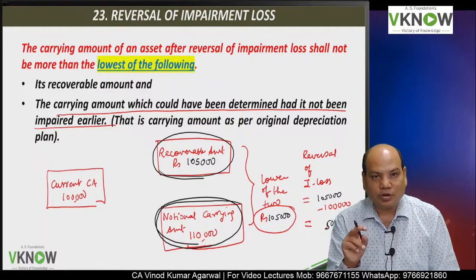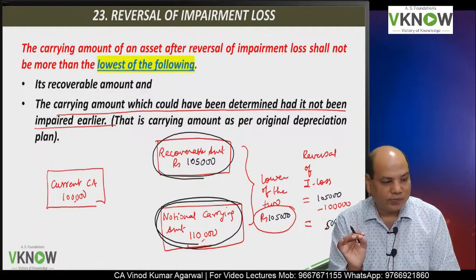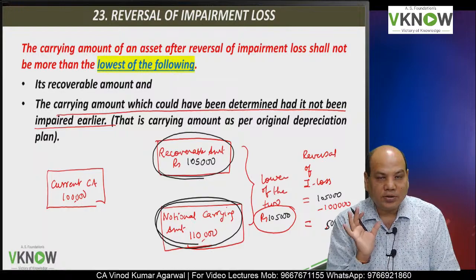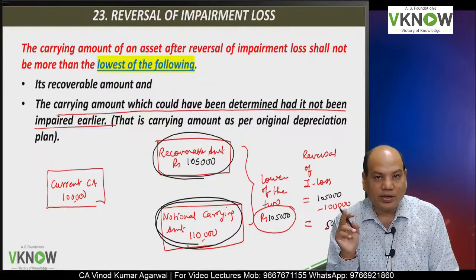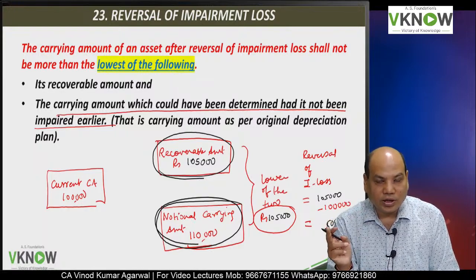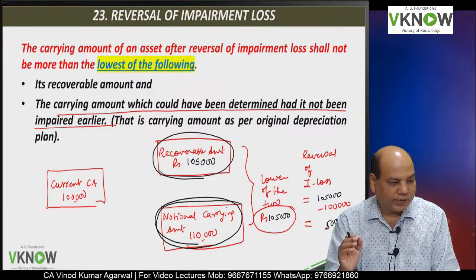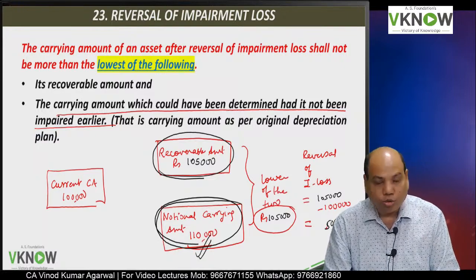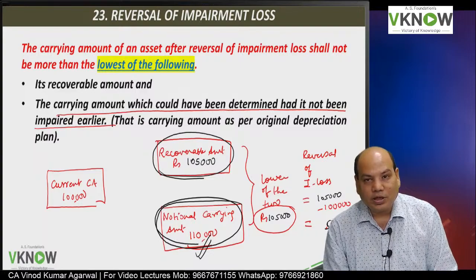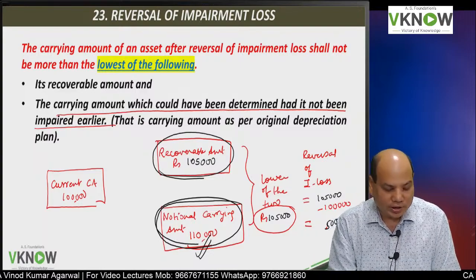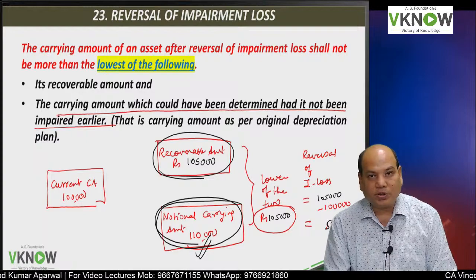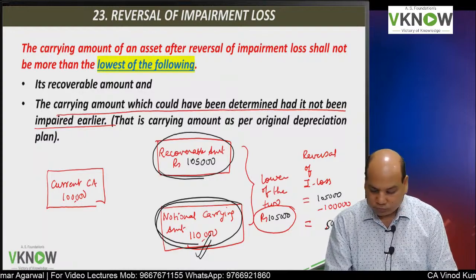AS 10 has certain rules for revaluation of an asset above the carrying amount, but that is under AS 10, not under AS 28. So the asset can be revalued more than 1,10,000, but then you have to apply AS 10 rules for the purpose of revaluation.